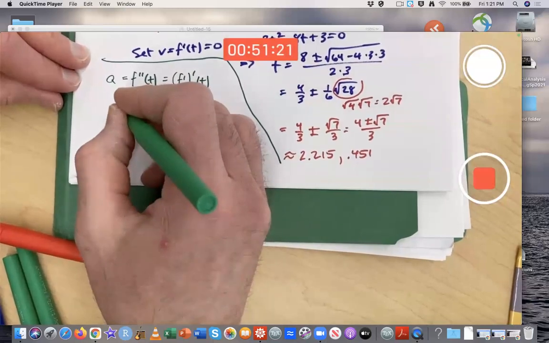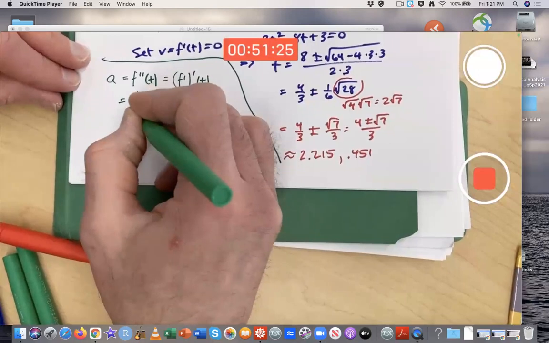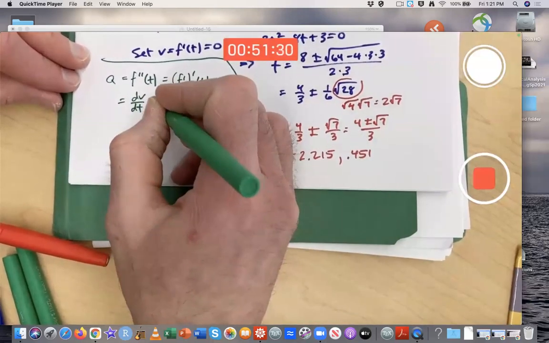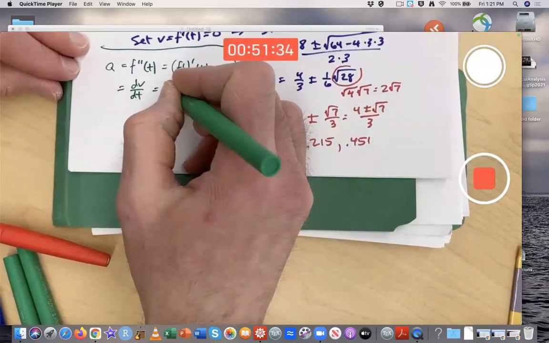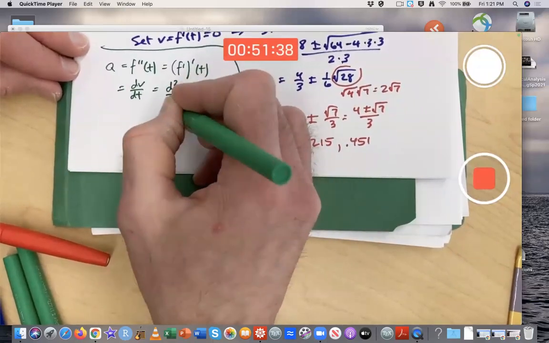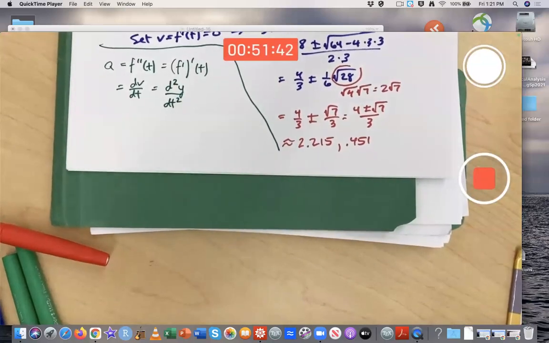With the Leibniz notation, you could write this as dv dt, in other words, the derivative of the velocity, or the second derivative of the position, which is written a little strangely, d squared y dt squared. That is the Leibniz notation for the second derivative.